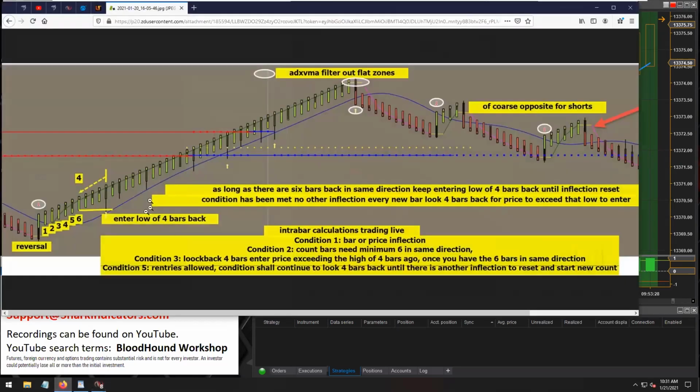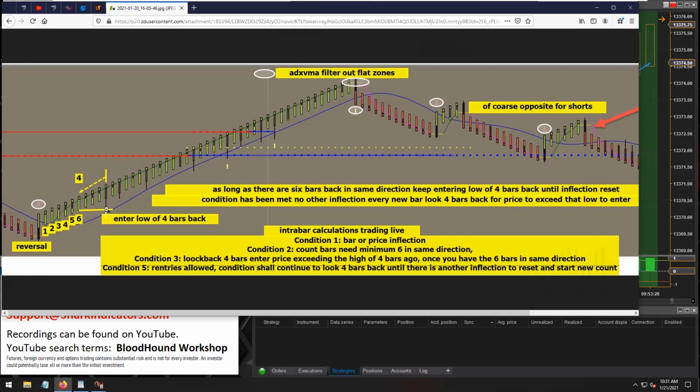However, this idea requires operating in real time, because the signal is supposed to occur when price pulls back and breaks the open or the low of that 4th bar back. We want that signal to occur right then and there.